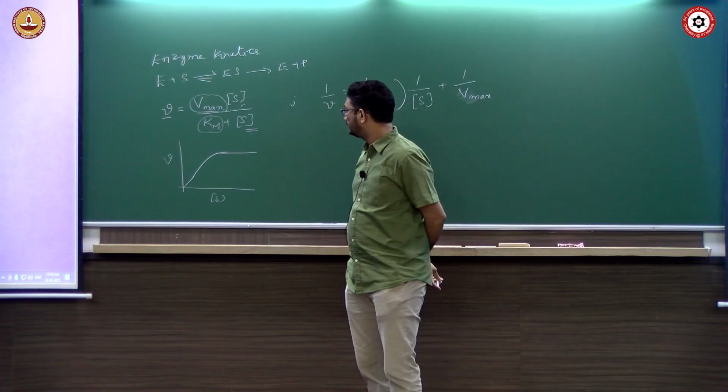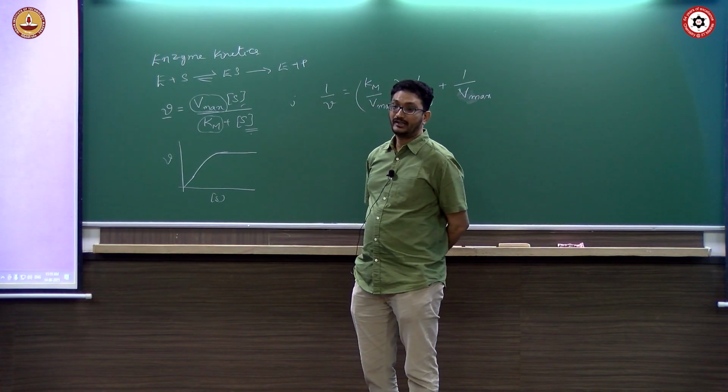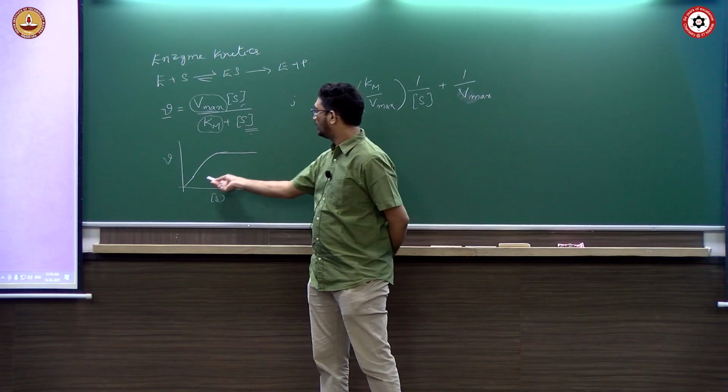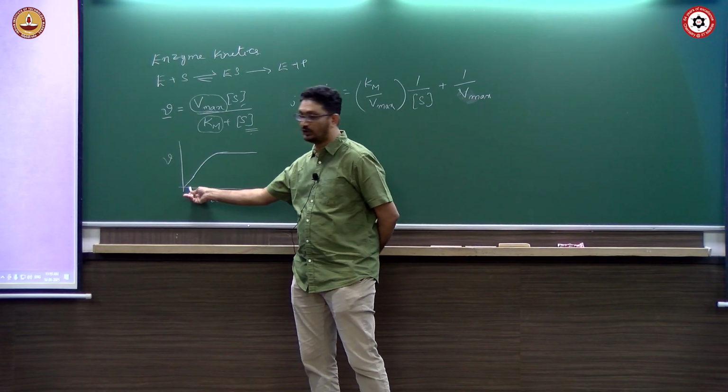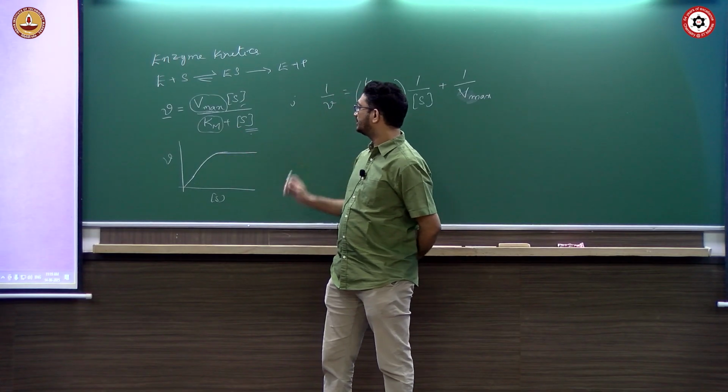When substrate is 1? You said at a low substrate concentration, you will have a very low nu, right? At a high substrate concentration, you are saying it is a zero order reaction.